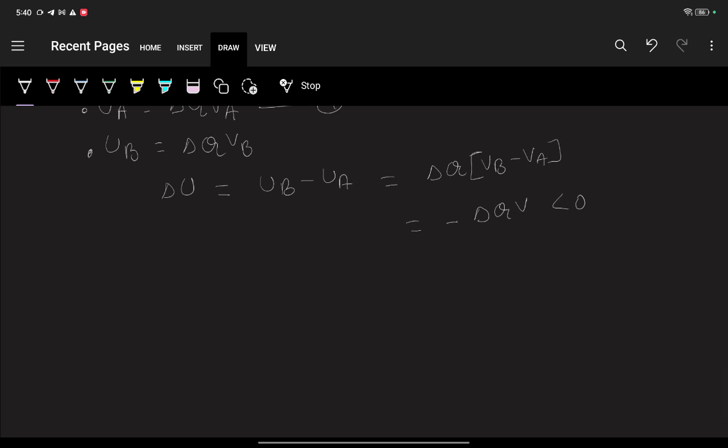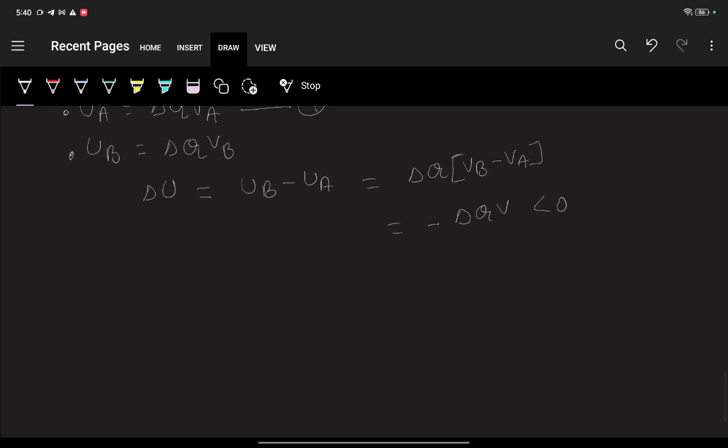So if a charge moves without collision, then the kinetic energy of the charges also changes, right? So by applying conservation of total energy, change in kinetic energy plus change in potential energy should be 0.